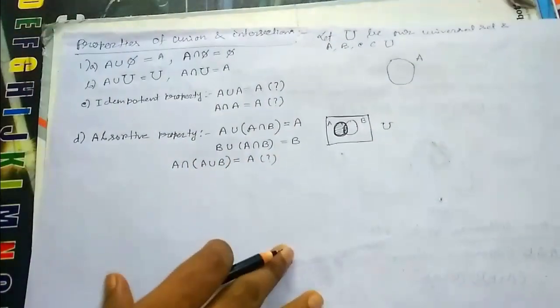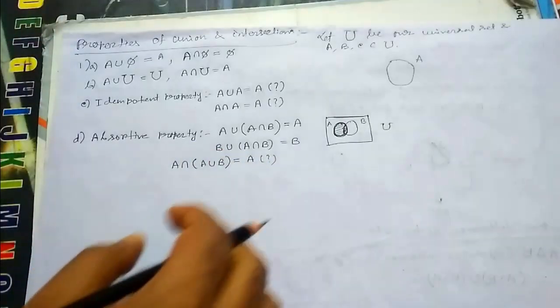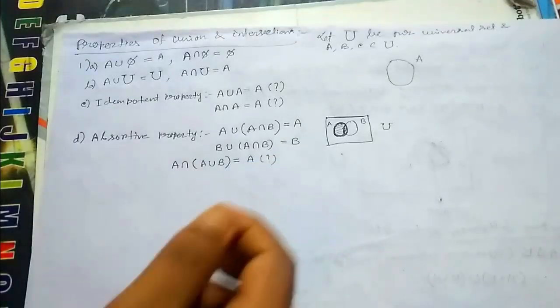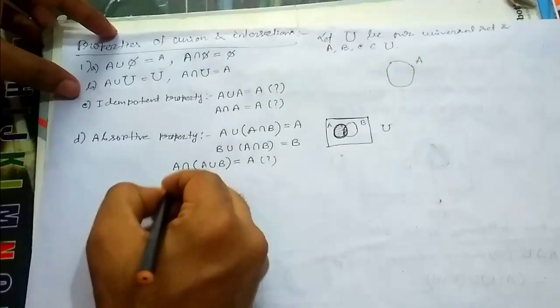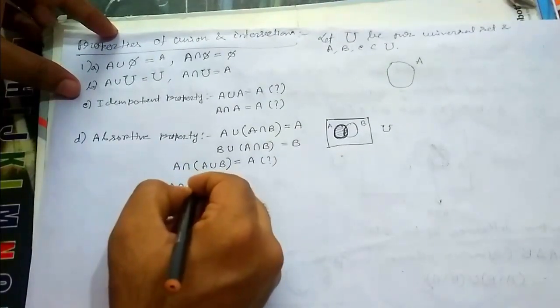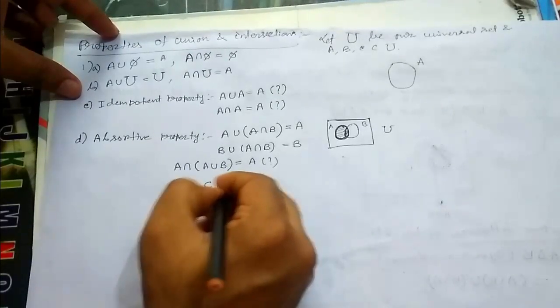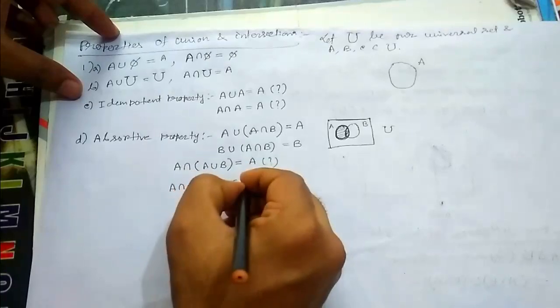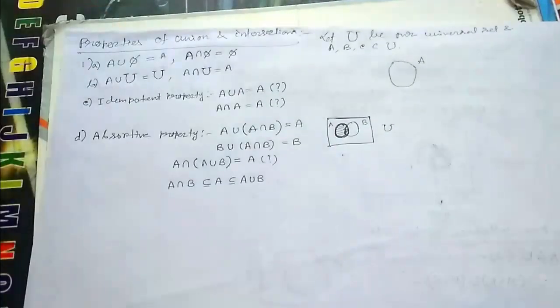Ask yourself. Okay, so from this and this, we can say A intersection B is subset of A, and A is subset of A union B. Okay.